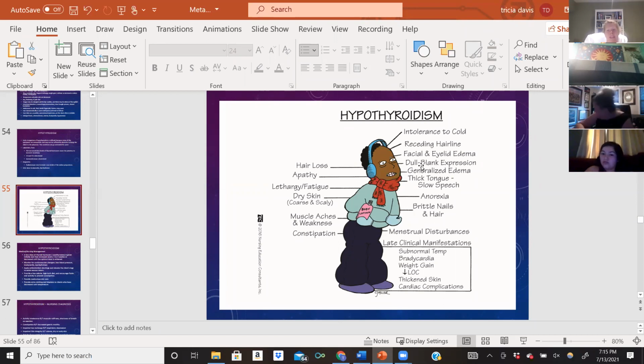Generalized edema, thick tongue, so it might sound like they're speaking slowly, lack of appetite, brittle hair and nails, menstrual disturbances, hair loss, lethargy, dry skin, muscle aches and weakness, and then constipation. Those late manifestations that you would see are going to be that subnormal temperature, super low, bradycardia, weight gain, decreased level of consciousness, cardiac complications.